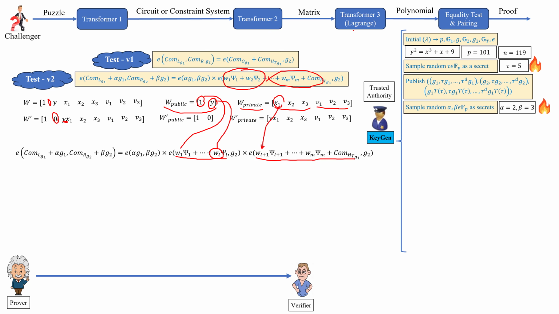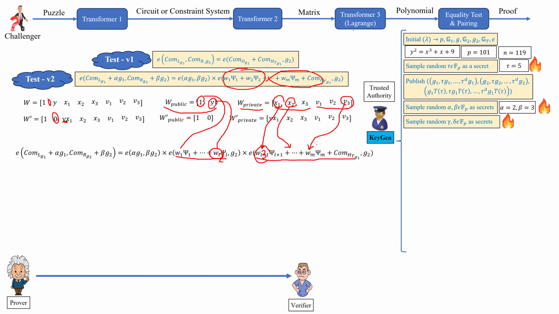So L equals 2 for our scenario. W3, which is x1, is the first element of the private part, and this is the other private element, and this is the last private element of the witness vector. So we disjoint the public and private values in our witness vector.